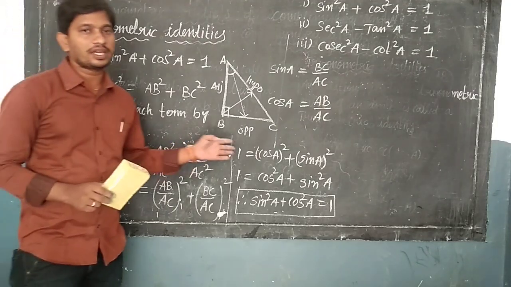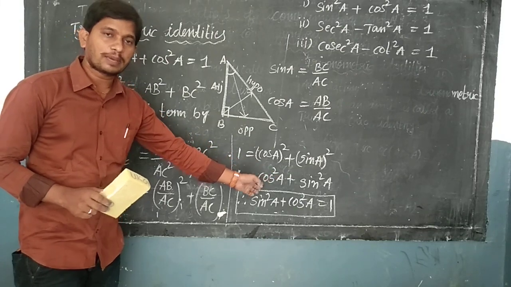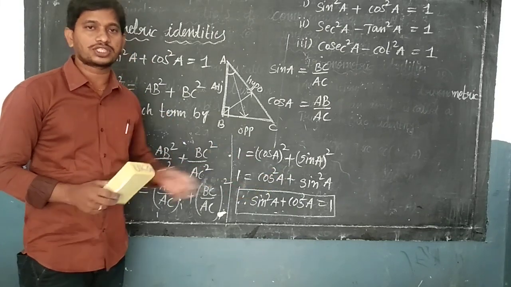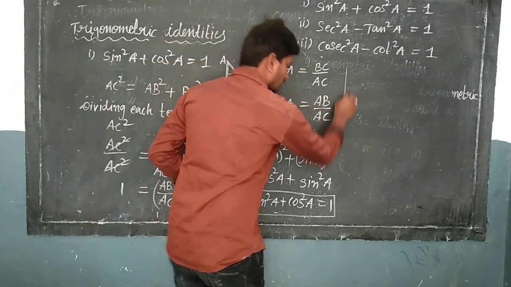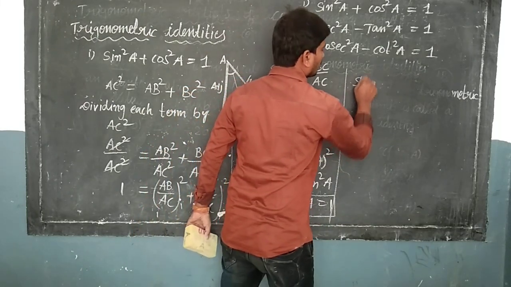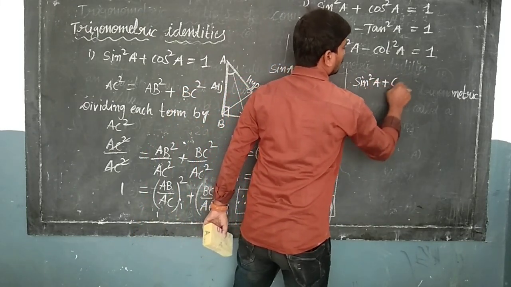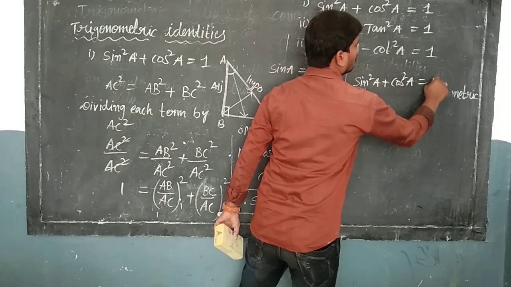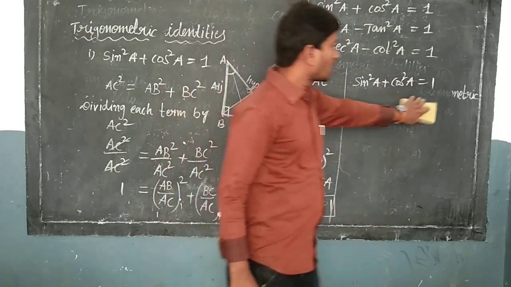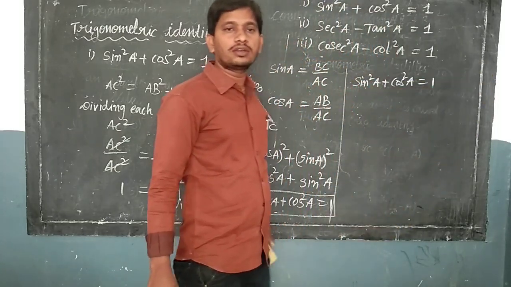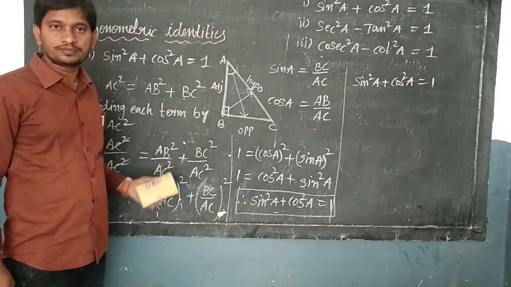From this we can derive the sin terms as well as the cos terms. Listen carefully. Our first identity, sin square A plus cos square A equal to 1, we have proved.